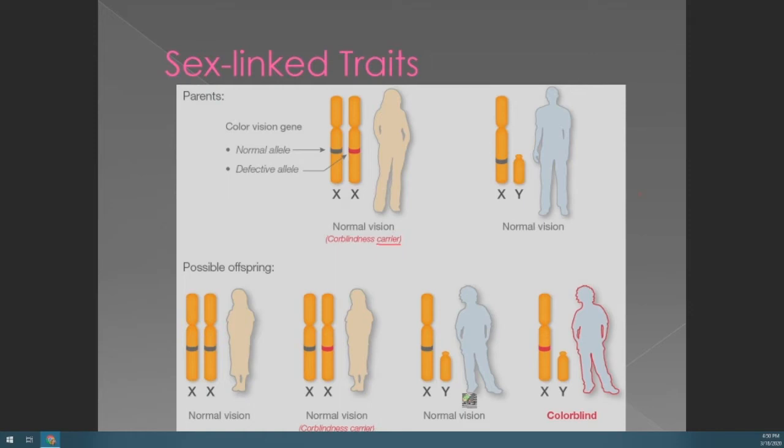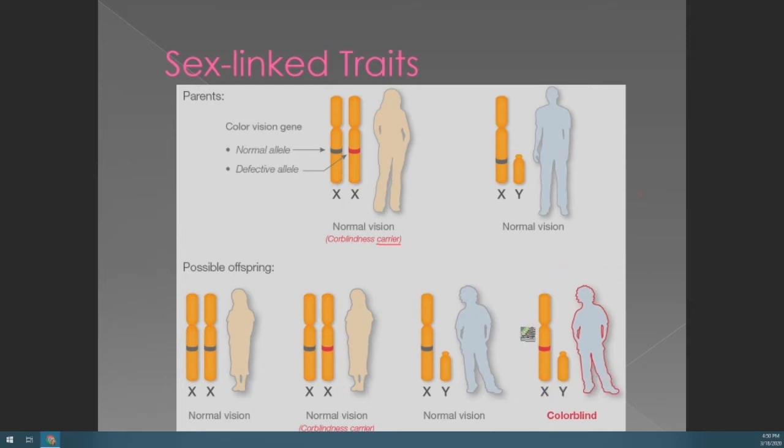And now as we come over to the first male child, we have a normal allele. We know the X had to come from mom, so mom gave her normal allele and dad gave his Y. Normal vision, nothing really going on there.